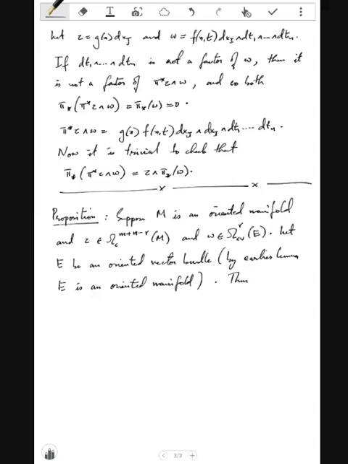Then the integral over E of pi upper star tau wedge omega is equal to the integral over M of tau wedge pi lower star omega.